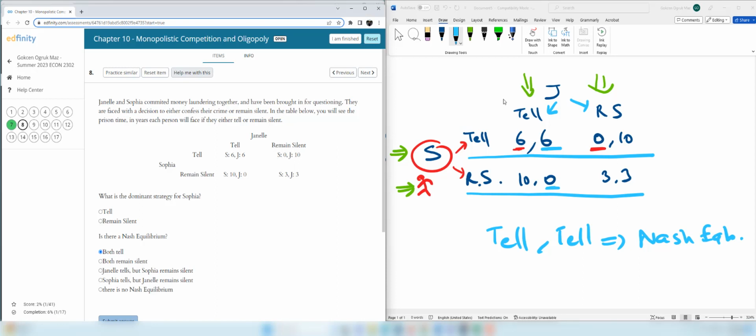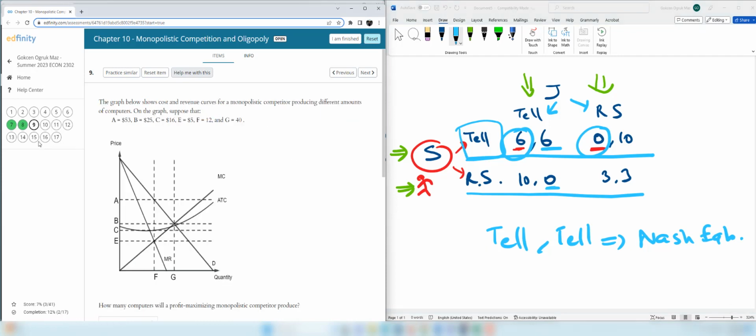Sophia plays tell if Janelle plays tell, right? If Janelle plays tell, we compare 6 and 10 and choose 6. And if Janelle plays remain silent, Sophia again plays tell. So no matter what Janelle chooses, Sophia always plays tell. Therefore, tell is a dominant strategy for Sophia. So the right answer is the first one.